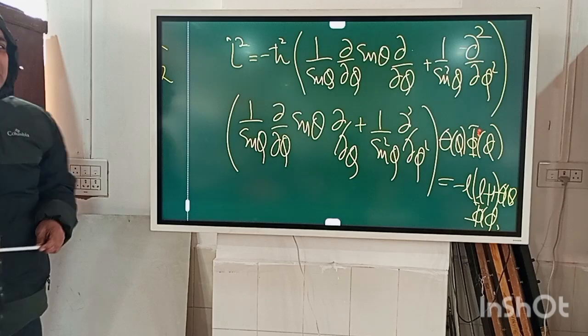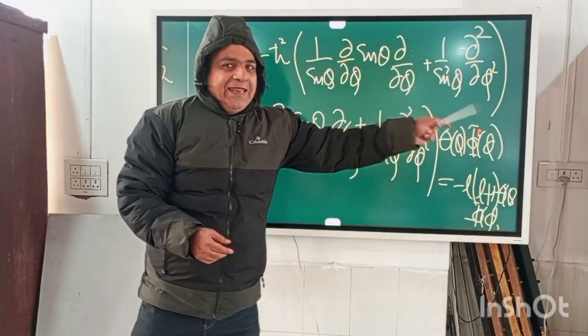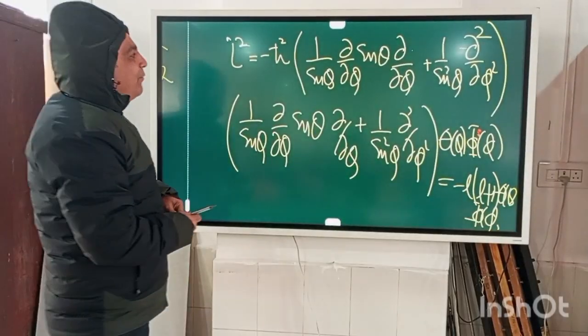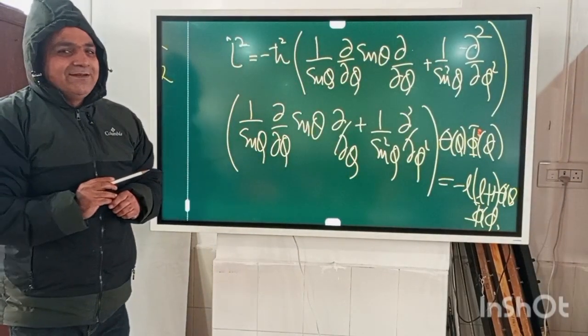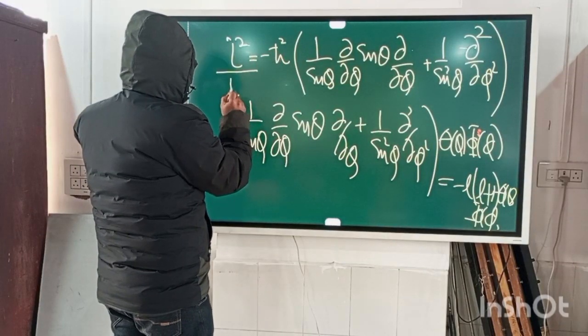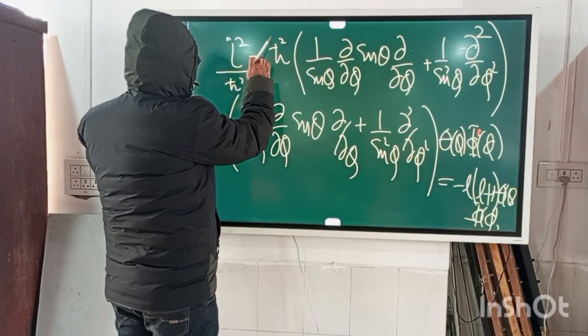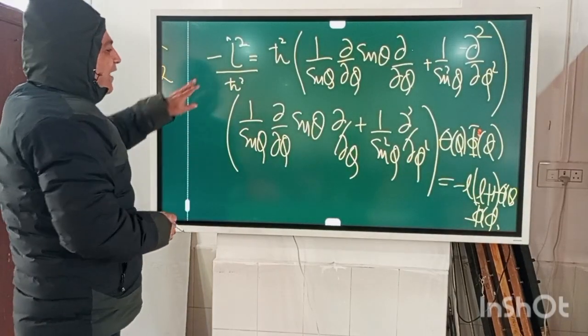theta and phi, right? But what you have obtained in the upper equation is that this thing is equal to, if I transform this, h bar square. I can take this minus on the other side, right? And what will I do then?